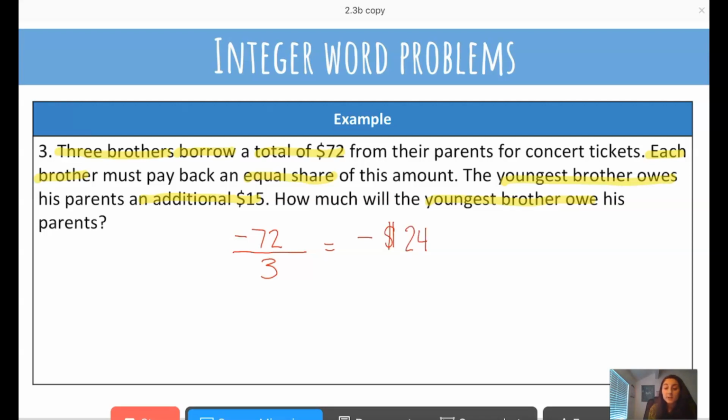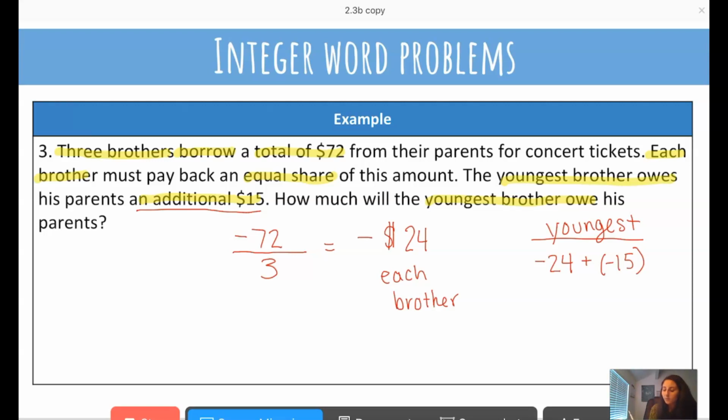but the youngest brother owes an additional 15. So this is each brother, and then the youngest owes 24 plus an additional 15. He owes an additional 15. So how much in total does the youngest owe his parents?